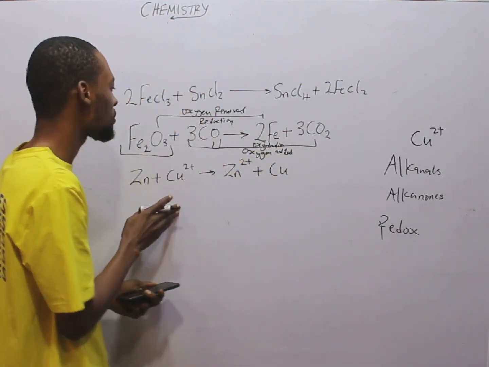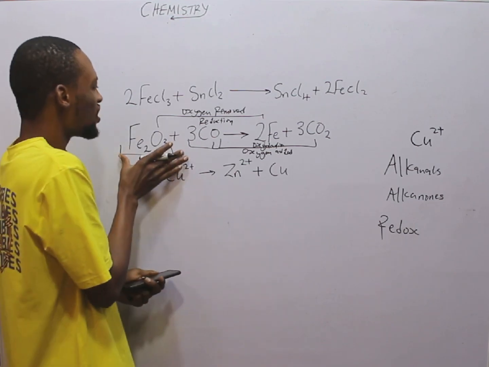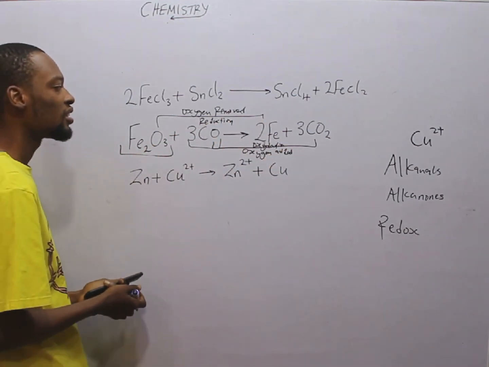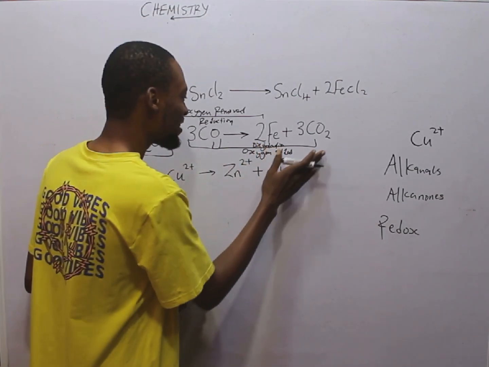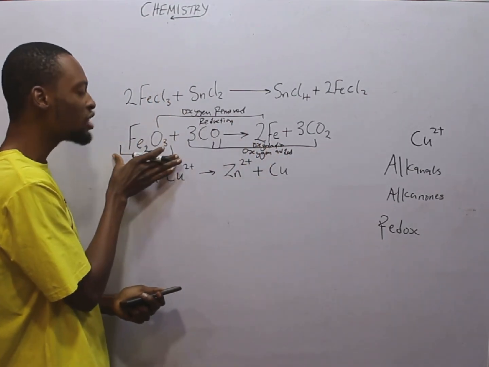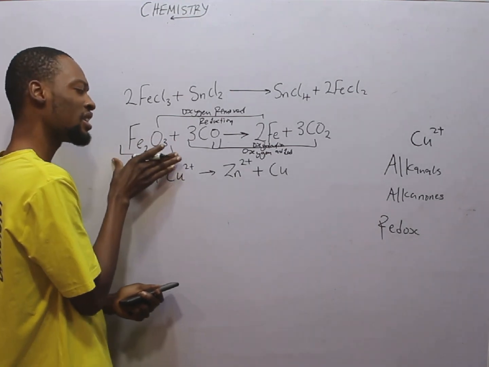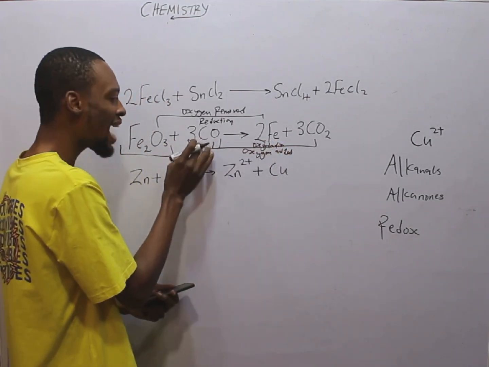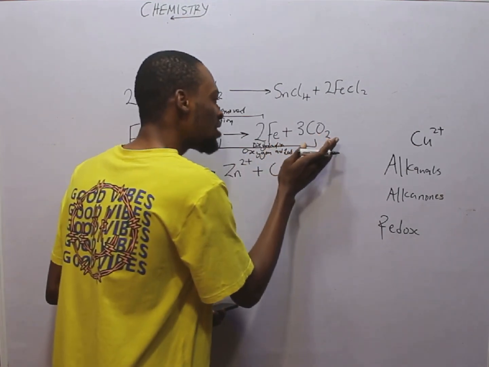Now, look at something else. This one that is reduced, what is it called? And this one that is oxidized, what is it called? Because there is reduction here, it simply means this one has been reduced. Oxygen has been taken away from it. There is oxidation here. This means this one has been oxidized. Oxygen has been added to it.